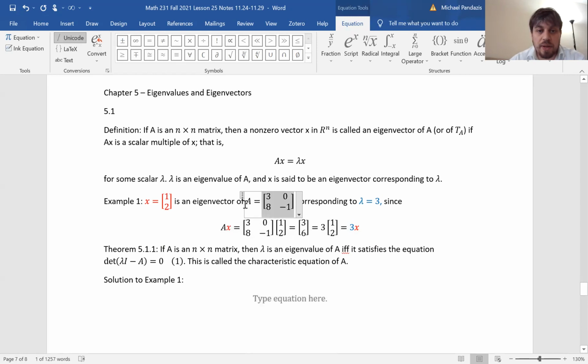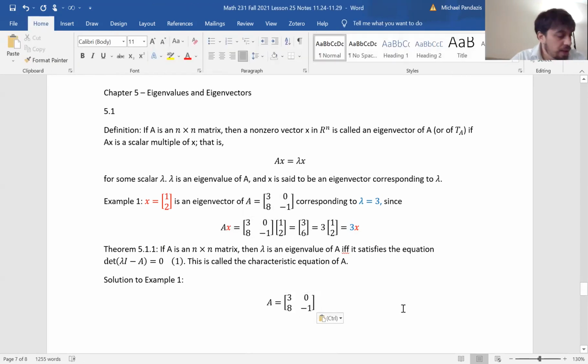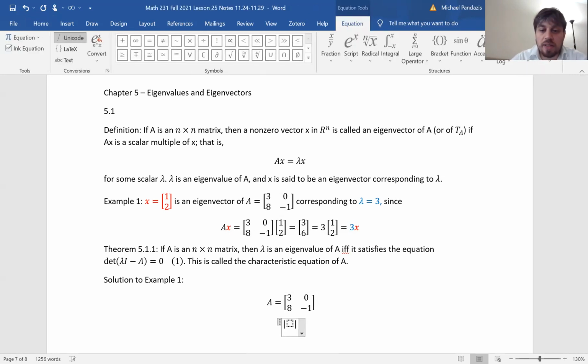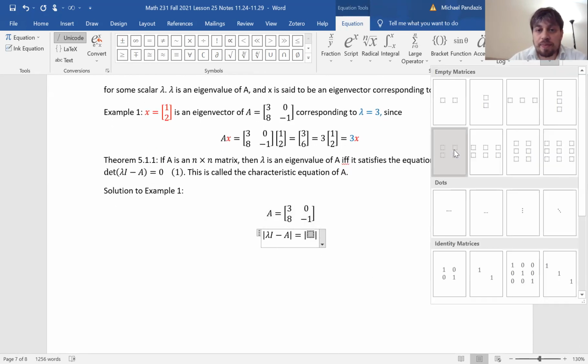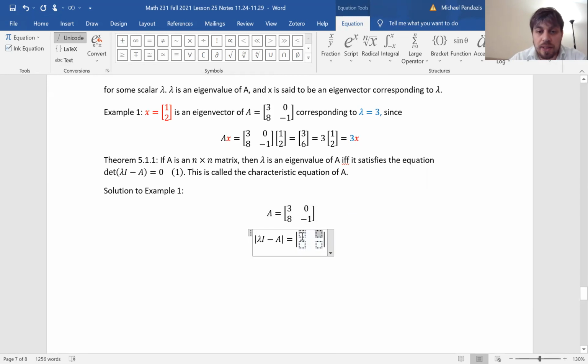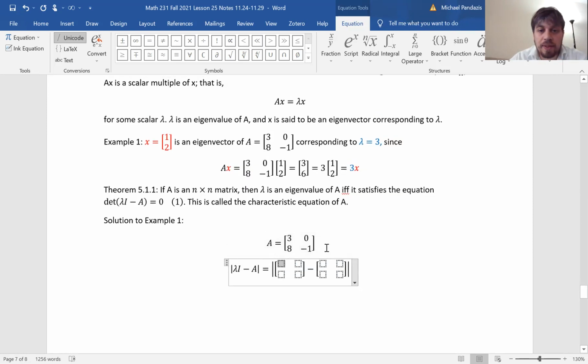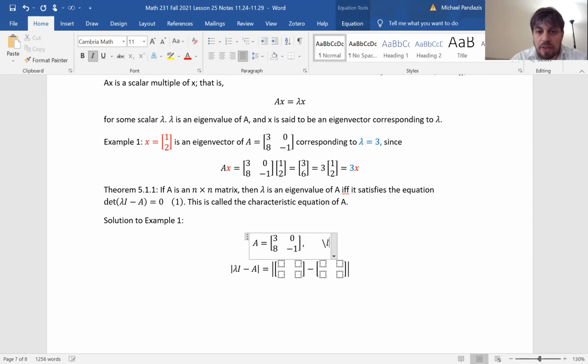Now let's say we take the determinant of lambda I minus A. If you have lambda I, and you subtract A from it, remember lambda is 3 from that example.